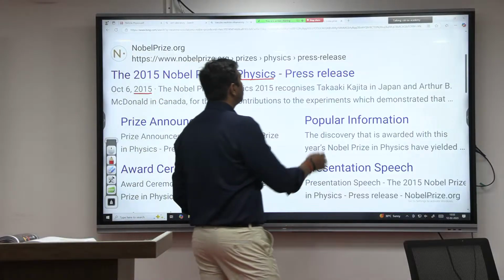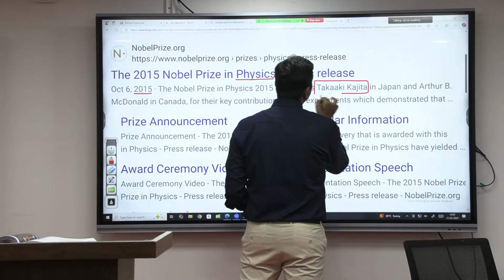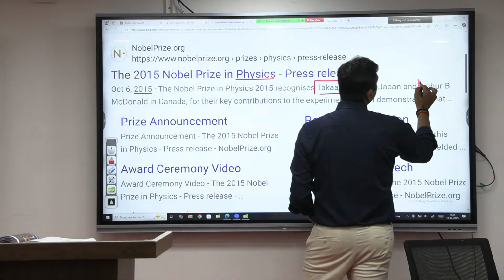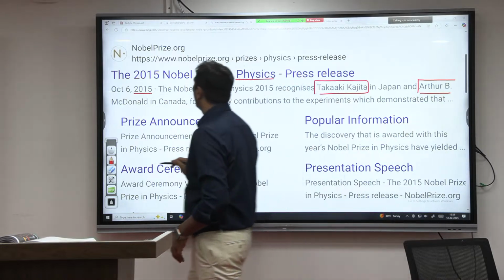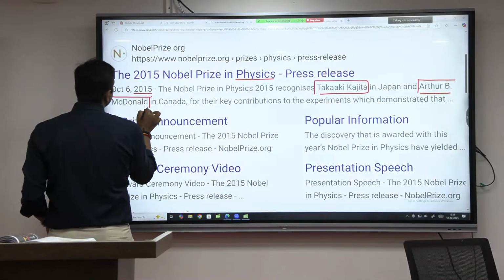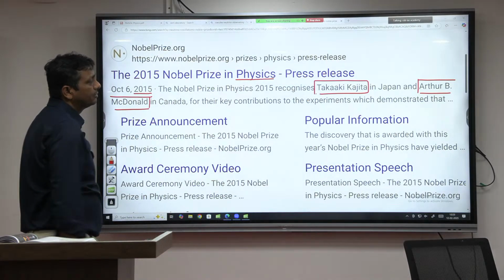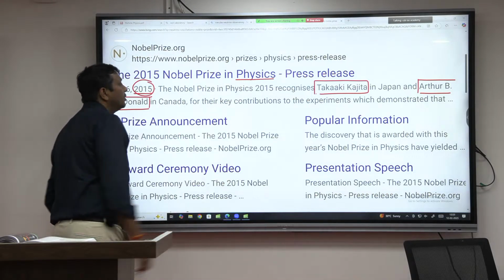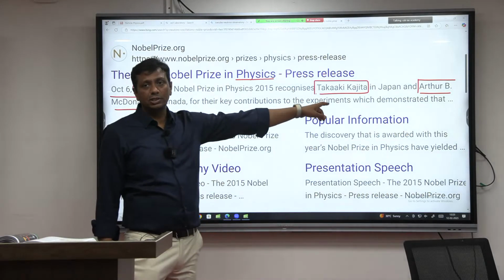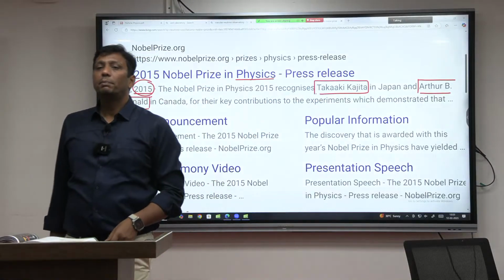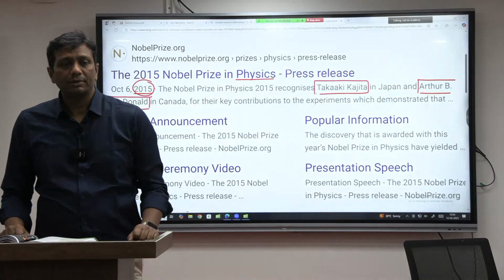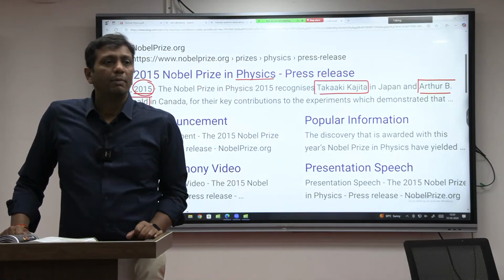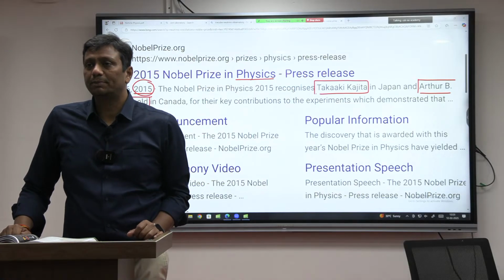Takaaki Kajita and Arthur B. McDonald. One is a Japanese scientist, the second is a Canadian scientist. In 2015, the Physics Nobel Prize was awarded to Kajita and Arthur B. McDonald for the neutrino oscillation experiment.